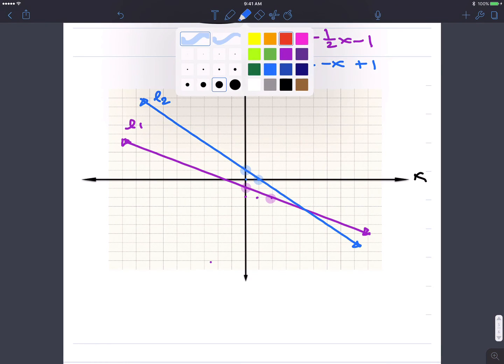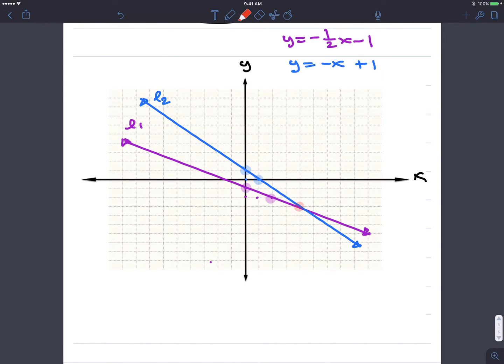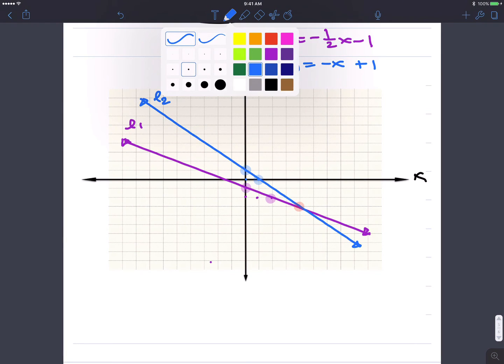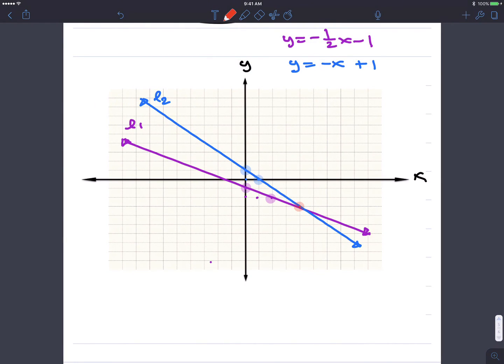If we look closely here, the point of intersection probably is at this point here. Let's determine what this point P is. The x-coordinate is 1, 2, 3, 4. So it looks like we go 4 to the right, and then 1, 2, negative 3 down.